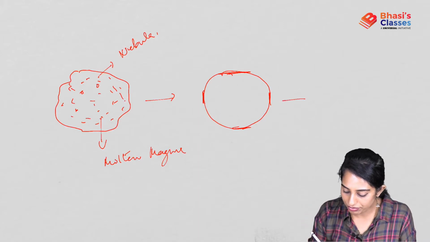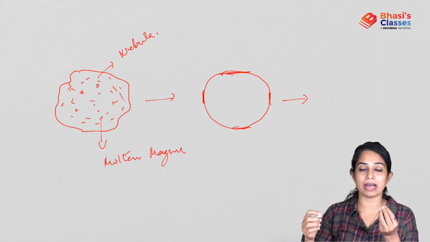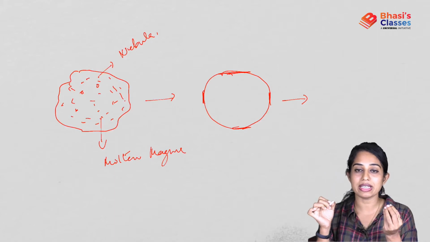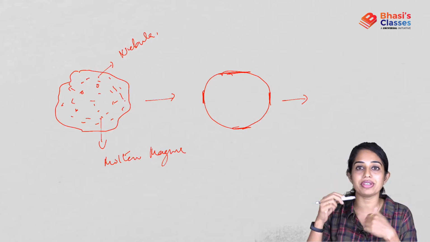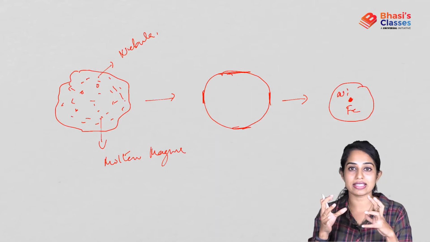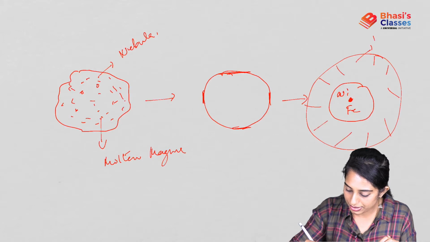After a few years, because of the gravitational pull of the earth, denser particles started concentrating towards the center of the earth, whereas lighter particles started moving towards the periphery of the earth. If this is the center part, we have nickel and iron, which come towards the center because of the gravitational pull, and at the periphery we have lighter particles.